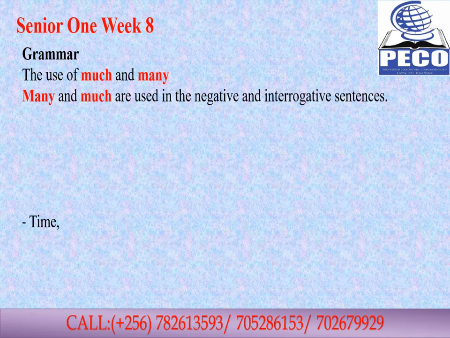We also looked at the different types of food and how they are prepared given the different kinds of preparations that were mentioned. Now this week we are starting off with grammar, still under our topic, which is food.